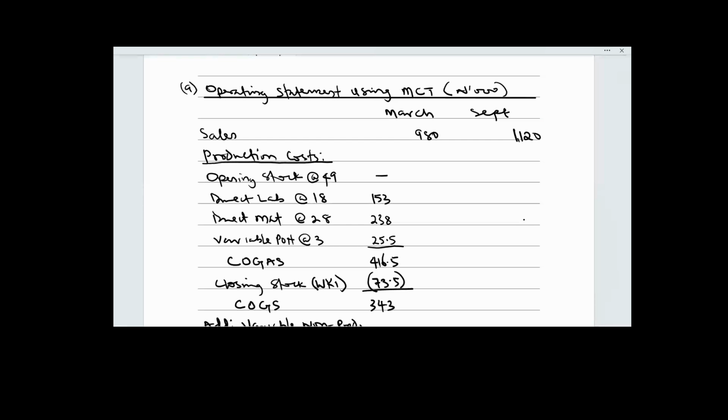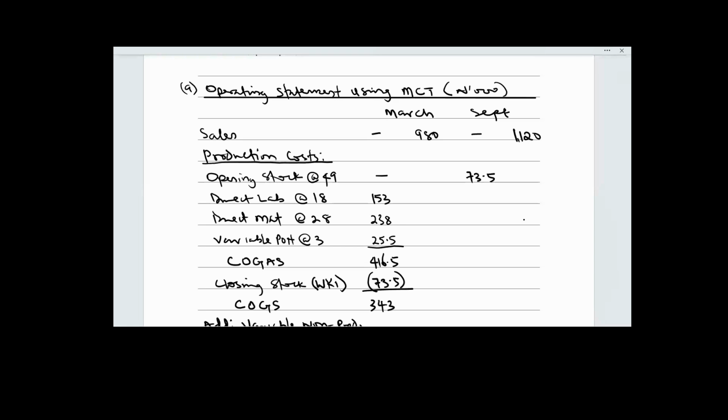Okay. Now, production cost. Opening stock in September. The closing stock on the 1st of April will be 73.5, because the closing stock in March will be the opening stock in September. So here will be 73.5.